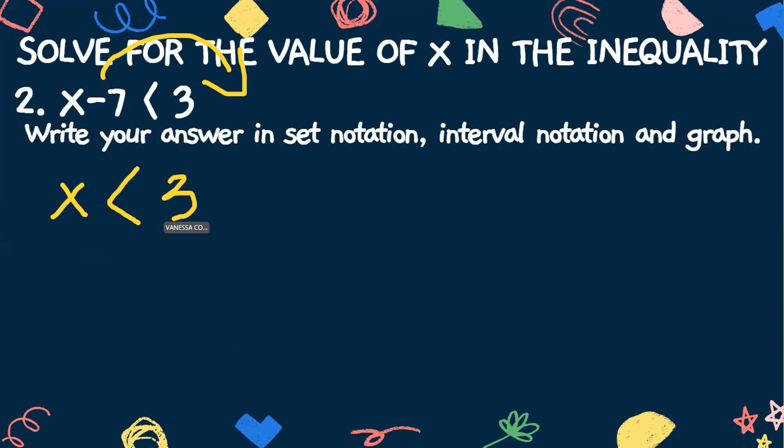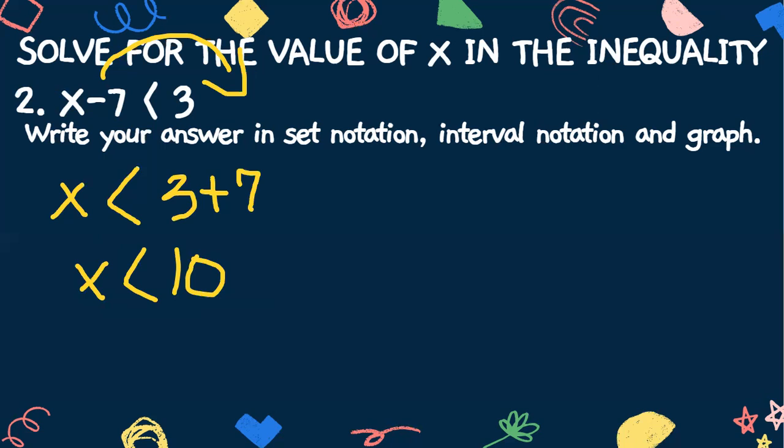Si negative 7, magiging ano yung negative? Magiging plus 7. Alright? So, x is less than 3 plus 7, 10. So, kapag less than, ibig sabihin, hindi siya kasama. Not included. So, yung ating graph, open lang siya. Hindi po siya close. Okay? Yung dot natin, open lang.